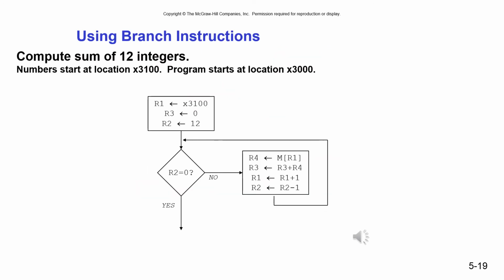Now let's take a look at how we can use a branch instruction to create a loop that will compute the sum of an array of 12 integers. Now there's a lot of moving parts on this one, so stay focused here.